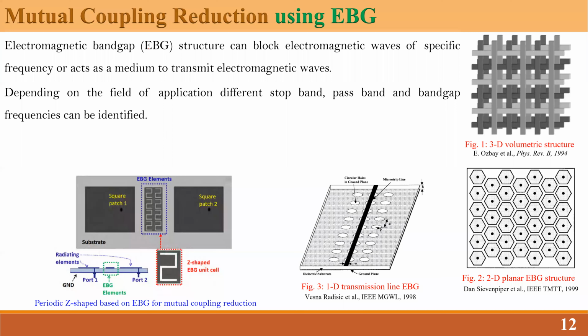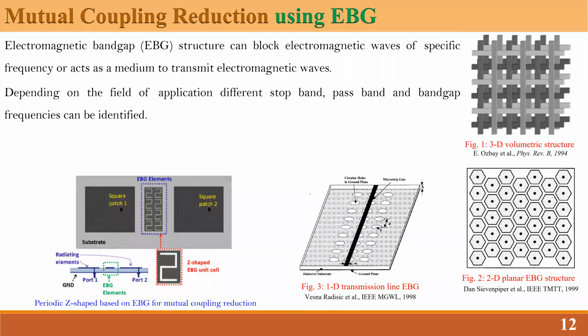Now, this EBG can give us a very special thing: as the name suggests, it gives us a band gap. At the same time, EBG will also give you what is called in-phase reflection. So the in-phase reflection phenomenon can be achieved from the EBG.